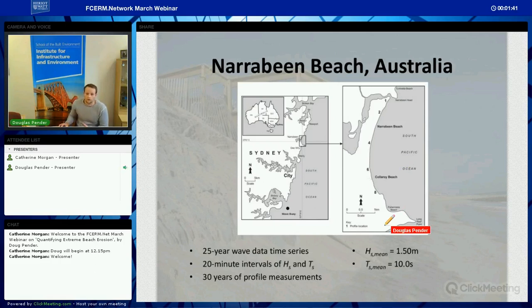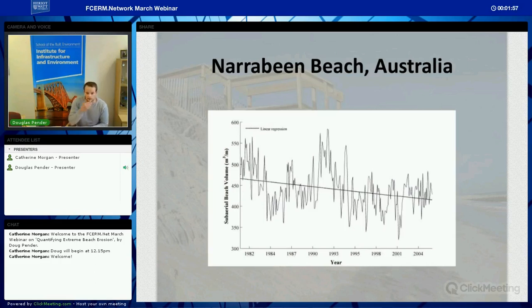Because of how exposed the beach is, it's subjected to a very high energy wave climate, with a mean wave height of approximately 1.5 metres and a mean wave period of about 10 seconds. That results in highly variable morphology. This is a plot of all the beach profile measurements at profile 4 over this 25-year period.